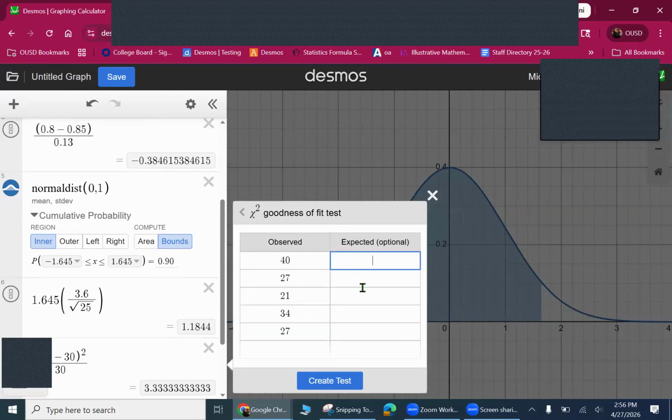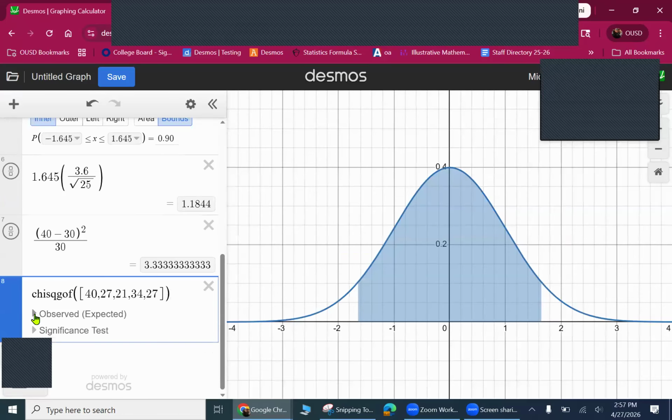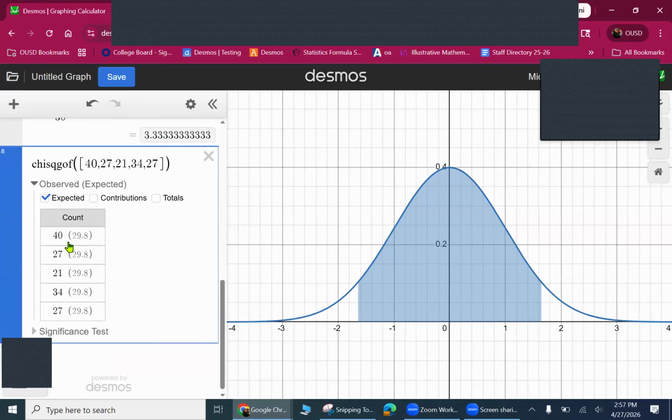Now, if these aren't all expected to be the same, we should fill them in. But because they're all expected to be the same, it will figure out for us. If we had different expectations than all of them being equal, we need to put in what those expectations are. Great test.